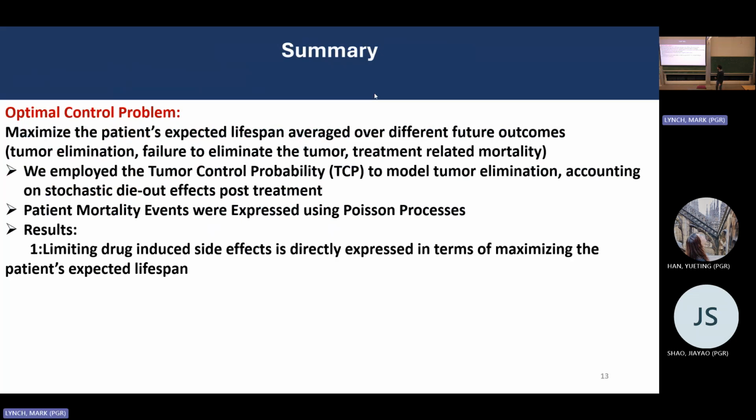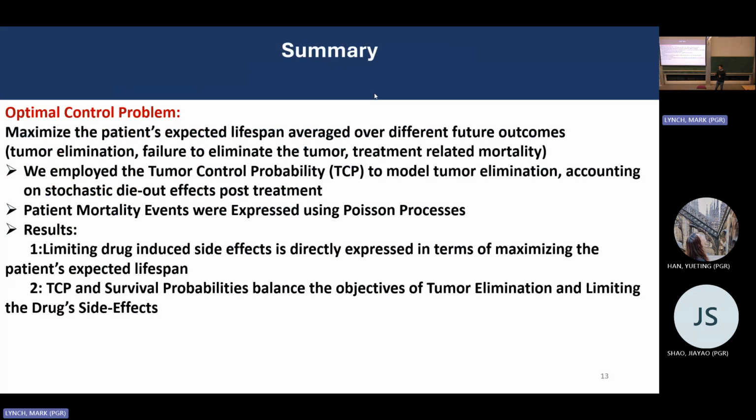In terms of our results, we found that this nicely balances drug toxicity and reducing the size of the tumor. And this is done in terms of the tumor control probability and the survival probabilities that we have expressed previously.